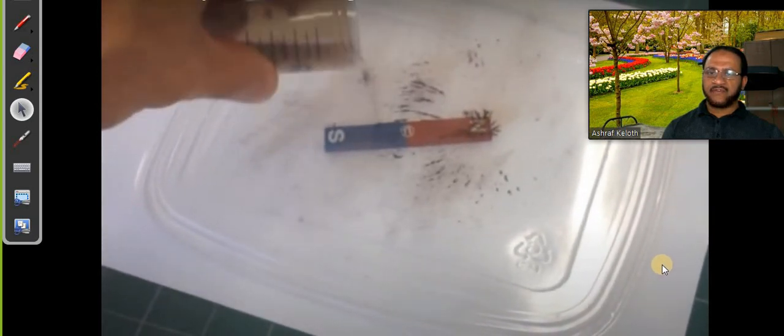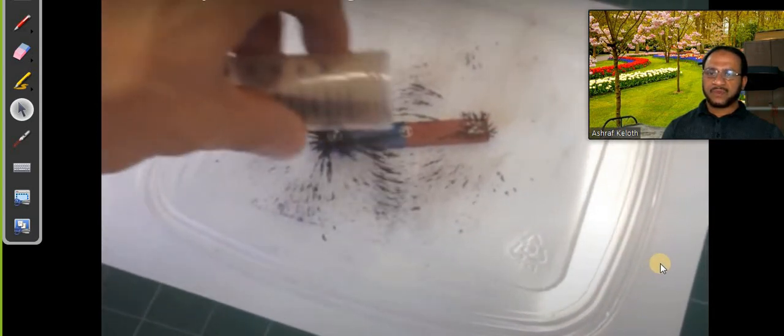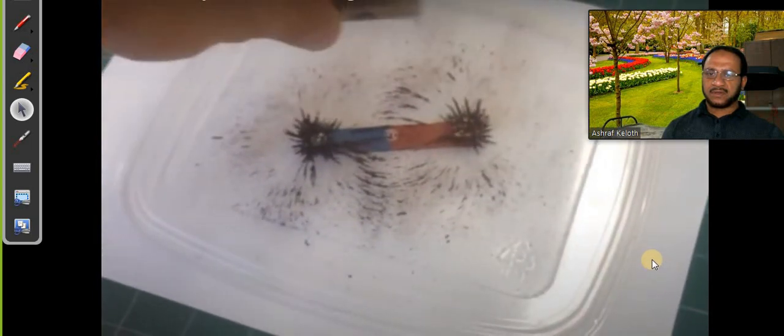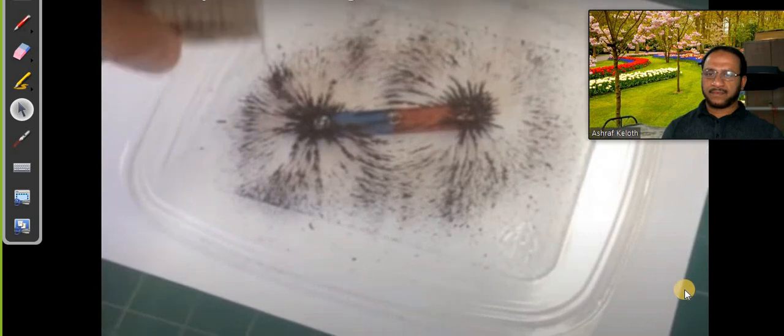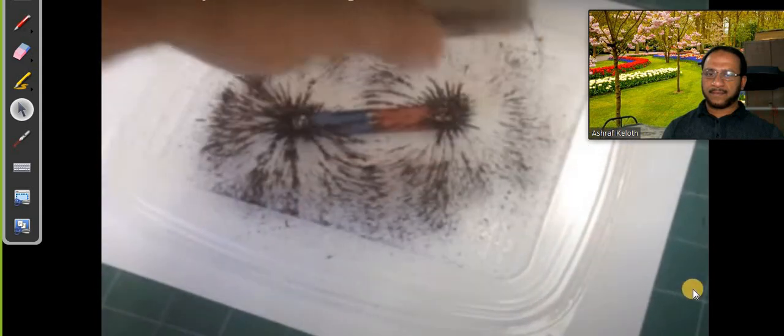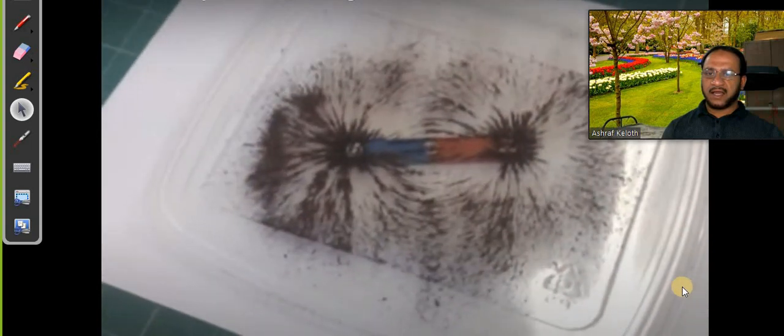This is iron filings, iron powder. See, the iron filings are arranged just like the magnetic field lines, isn't it? You can see some observations here. More iron filings are concentrated at the north and south, both the poles, here and here, isn't it?